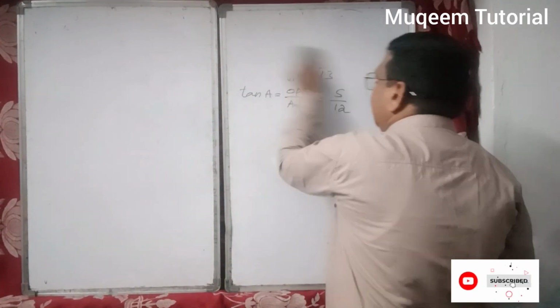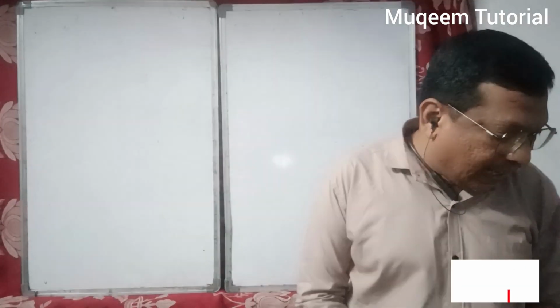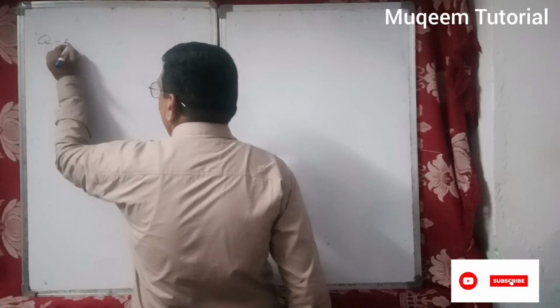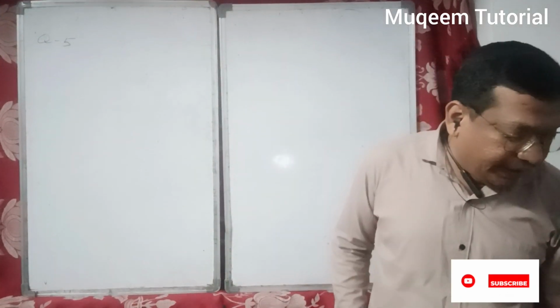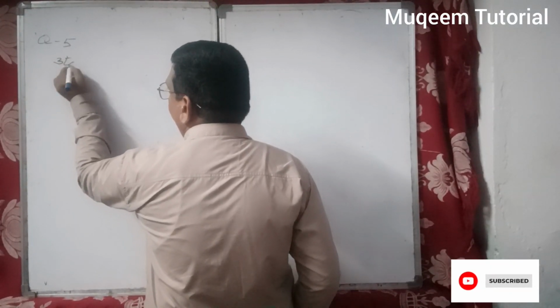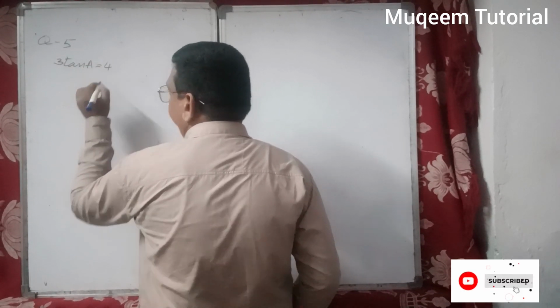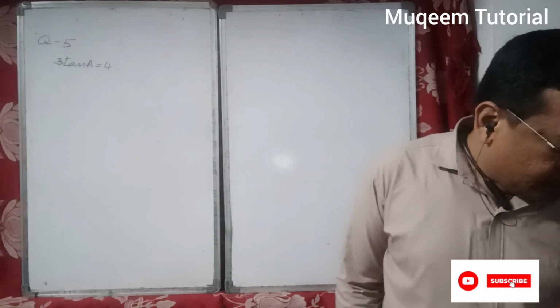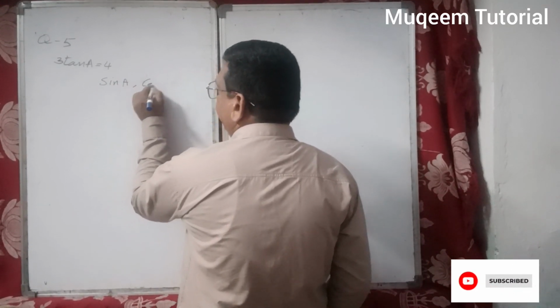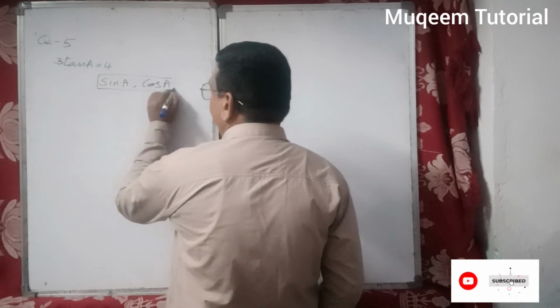In our textbook, question number 5 is: if 3 tan A is equal to 4, then find sin A and cos A. These two we have to find out.